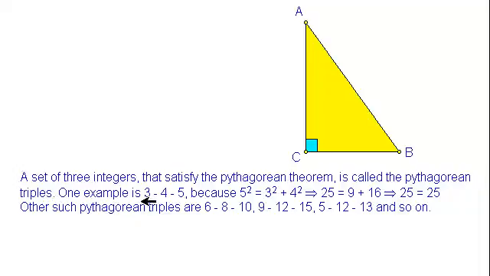One example is 3, 4, 5, because if you square 5, that is equal to 3 square plus 4 square. So when we check it, let me write it and show you here.